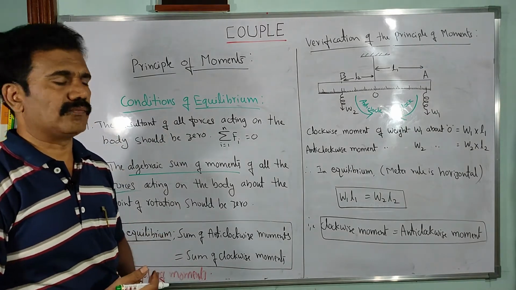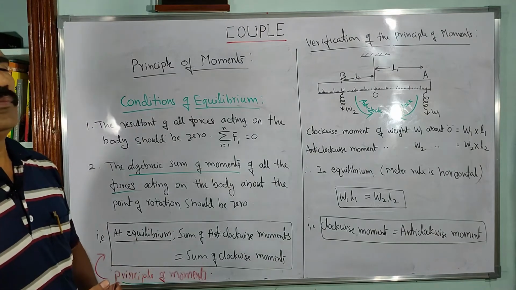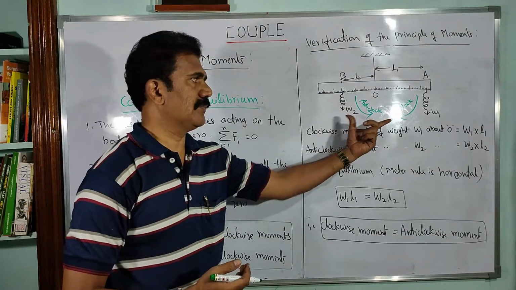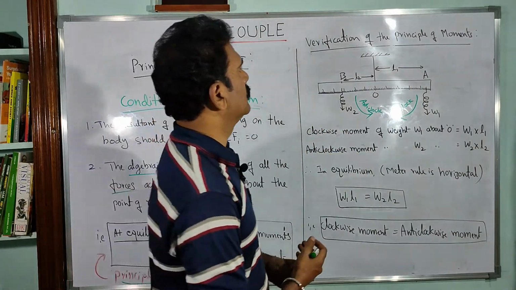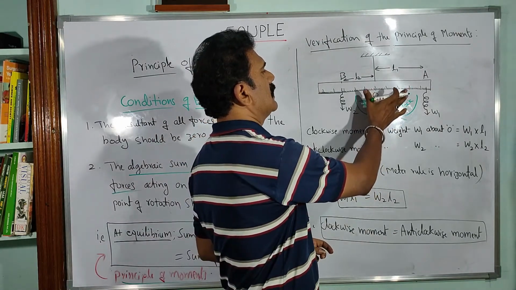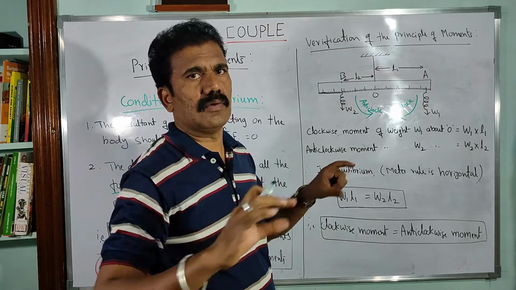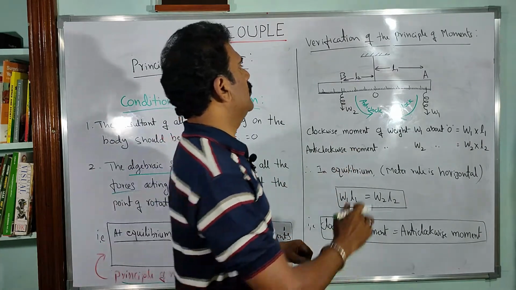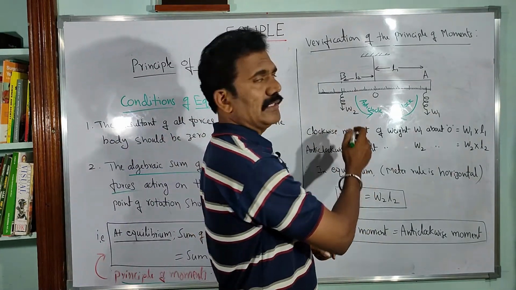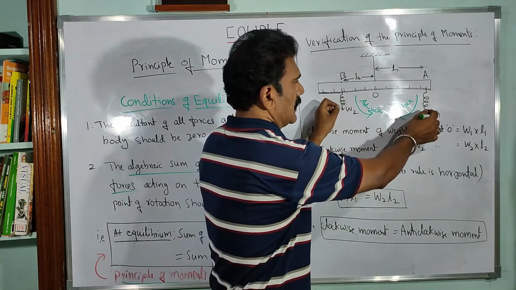So let us try to verify this principle of moments with a simple example here. In the verification of the principle of moments, you consider a metallic scale in the form of a beam. Then you consider two weights that can be hung on either side.